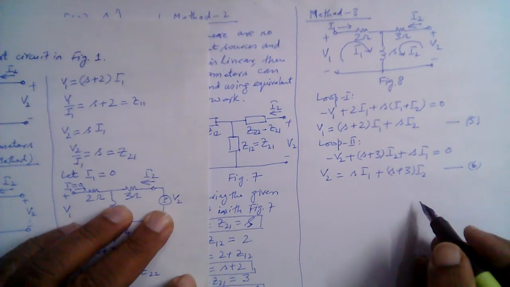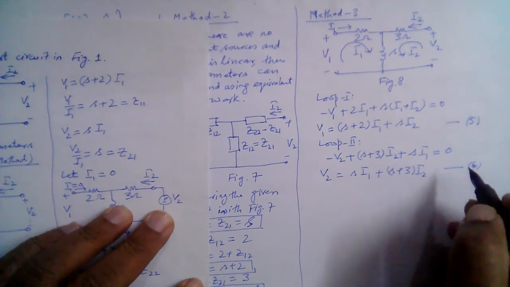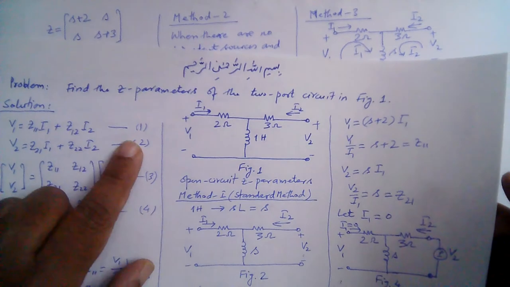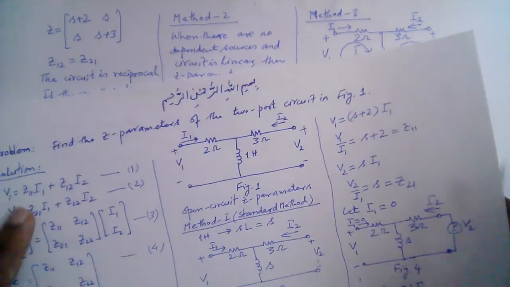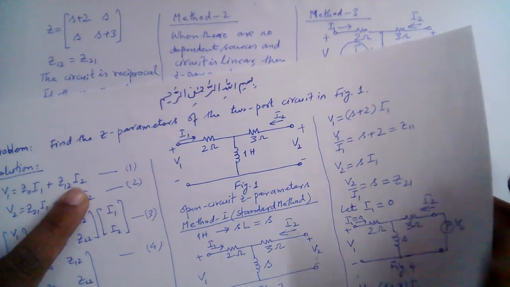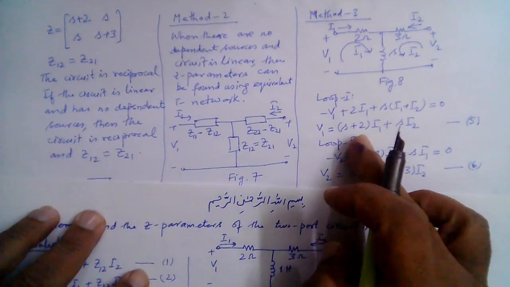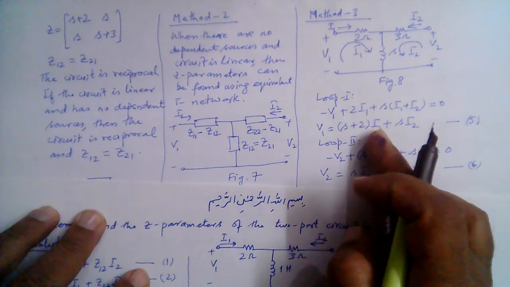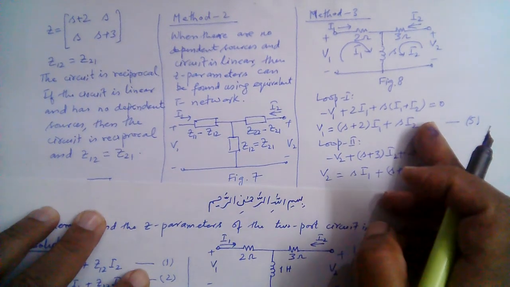So now we can compare equations 5 and 6 with equations 1 and 2. These are in the same form. So this is V1 is equal to coefficient here times I1 plus coefficient here times I2. And this again also is in the same form: V2 is equal to coefficient here with I1 plus coefficient here with I2.